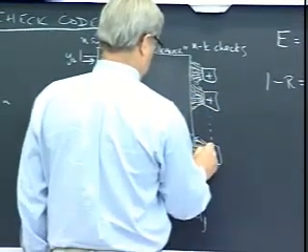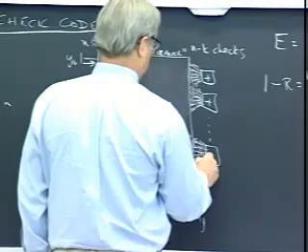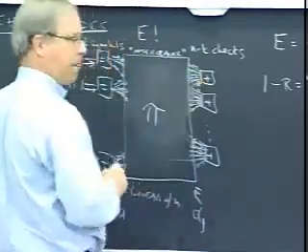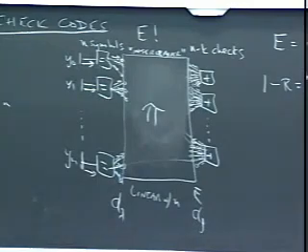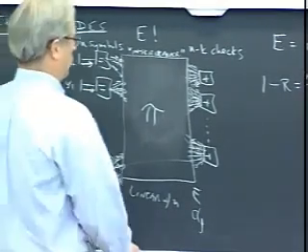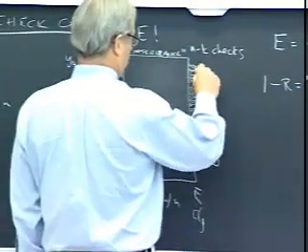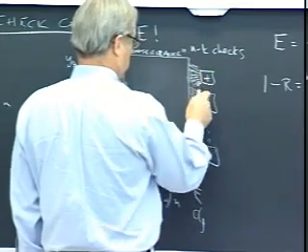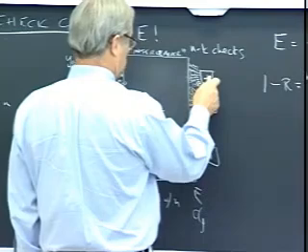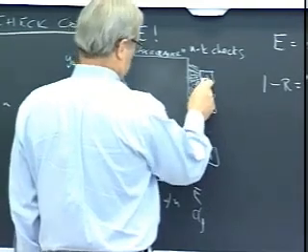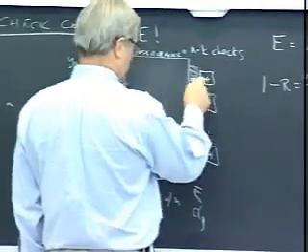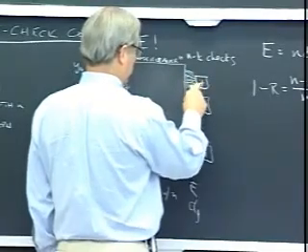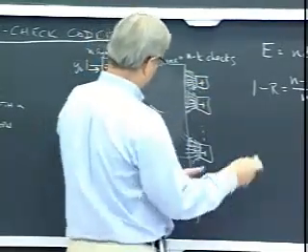And based on, to find the outgoing message, say on this line here, what's our rule? Our rule is to take the incoming messages on all D-1 of these nodes and combine their likelihoods according to which of these is consistent with a zero output here, and which of these is consistent with a 1 going out here. We get a bunch of weights for 0 and a bunch of weights for 1.